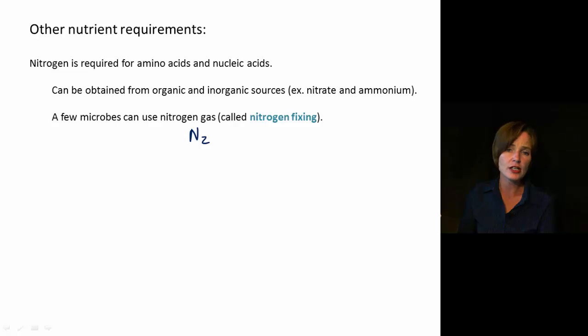And these are often used for crop growth. They're also, in many cases, found associated with plant roots, and they'll be very beneficial to plants because they do help them to get the nitrogen that they need because they are able to collect the nitrogen from the atmosphere, and the plant's not able to do that on its own.